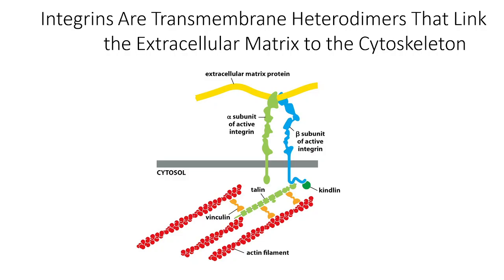Integrins are transmembrane heterodimers that link the extracellular matrix to the cytoskeleton. They transmit forces and signals in both directions, inside-out and outside-in. The extracellular matrix composition can regulate cell behavior, and cells can remodel their ECM environment.